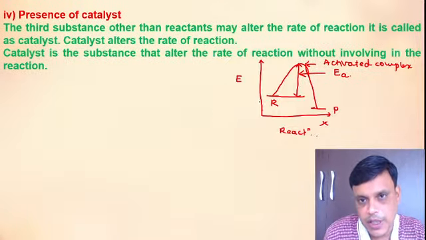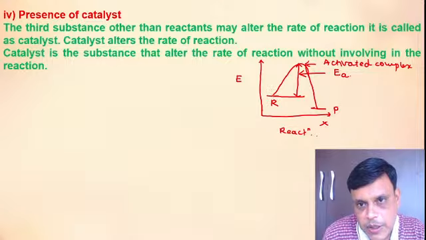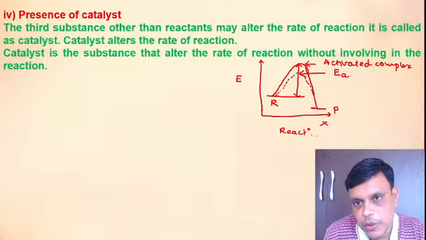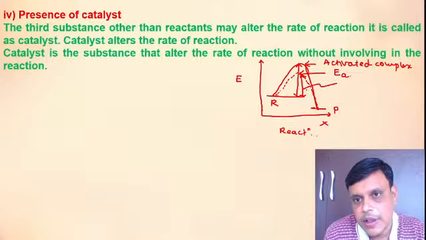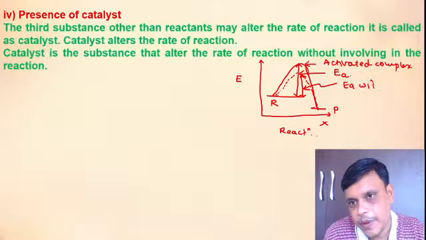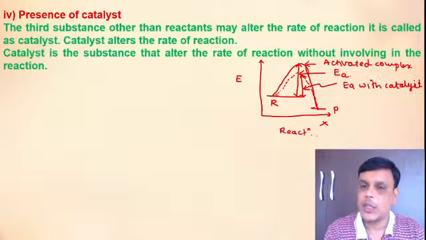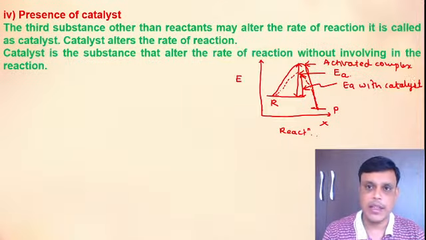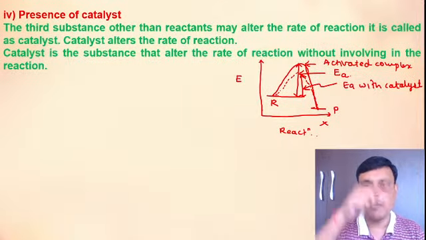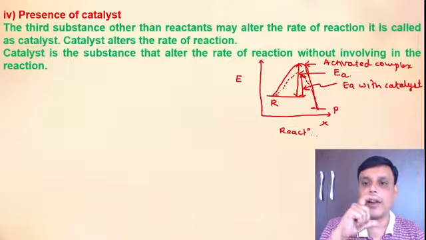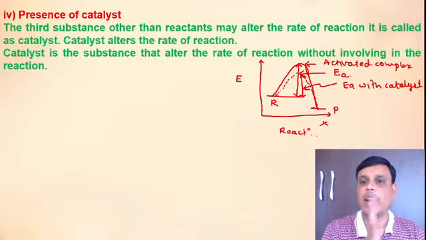For example, if you see here, in the presence of a catalyst the activated complex forms here only. So this is the energy of activation with catalyst. The catalyst provides an alternate route to form an activated complex, and that alternate route is a low energy route.